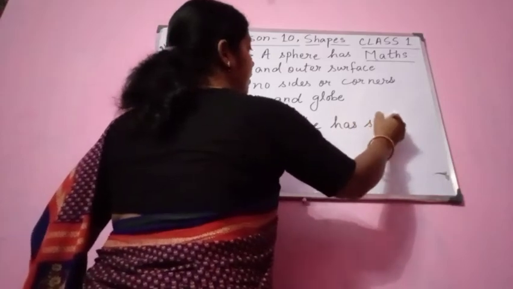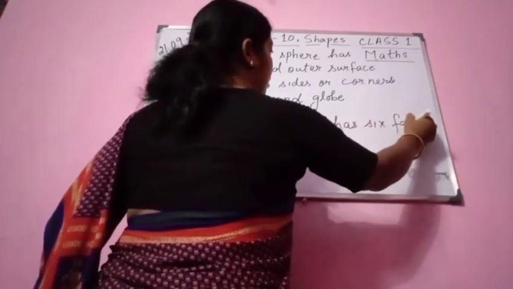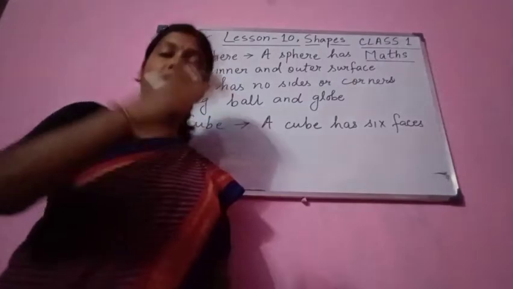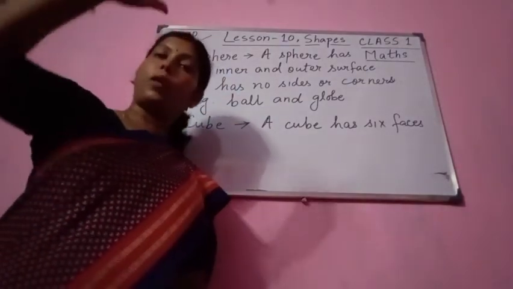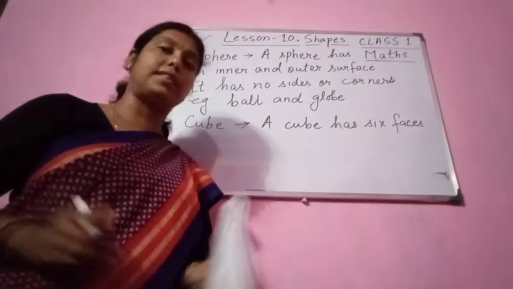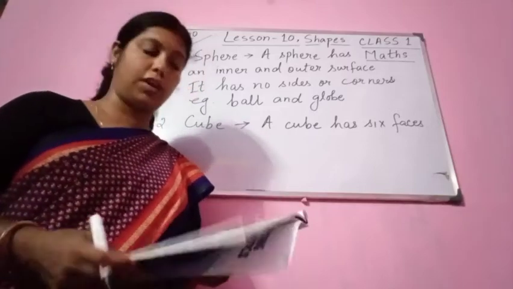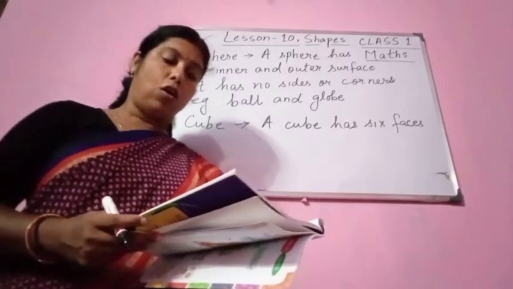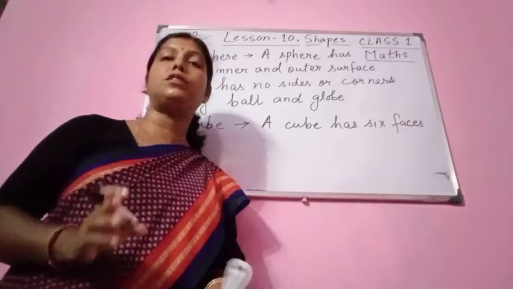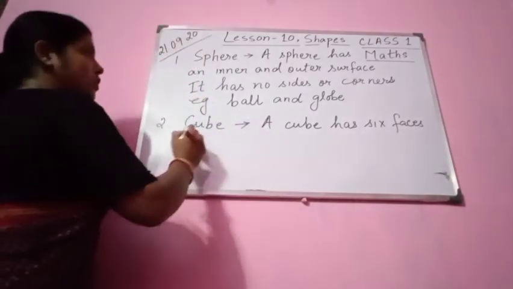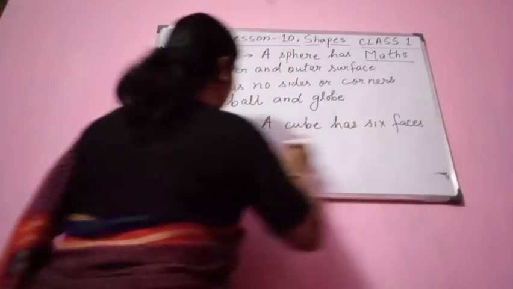See front side, back side, top side, bottom side and 2 at the side. So it has 6 faces. Okay, alright, all of its faces are similar squares. This is very important. A cube has 6 faces.